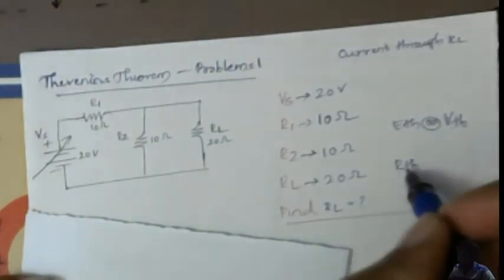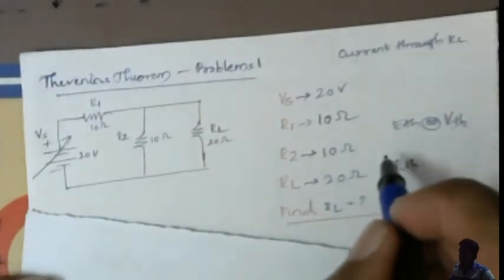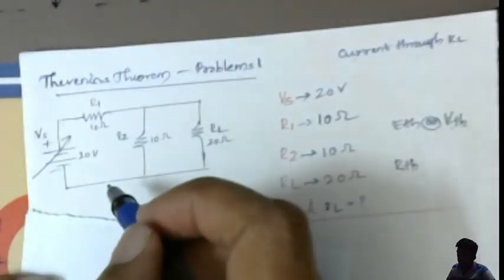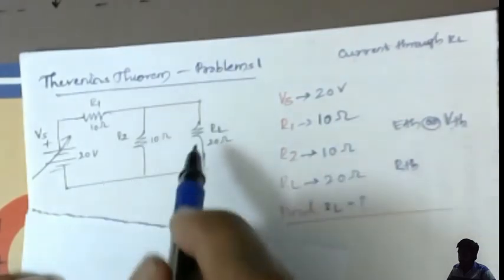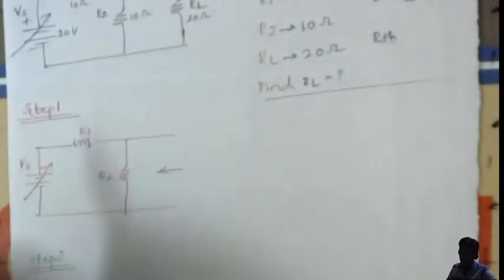If you find RTH and VTH, you can easily write the Thevenin equivalent circuit. There are several procedures in order to find the load current. See, this is step number 1.